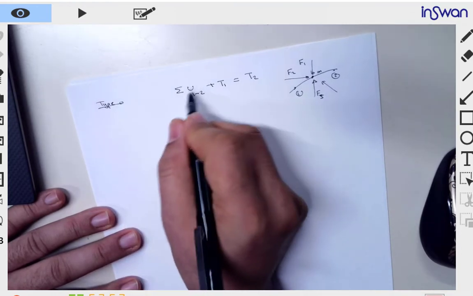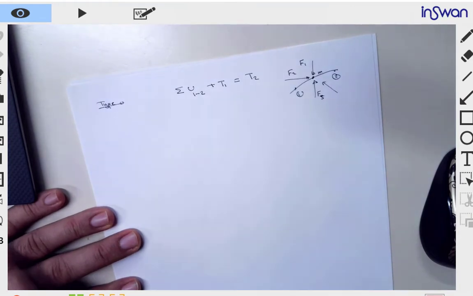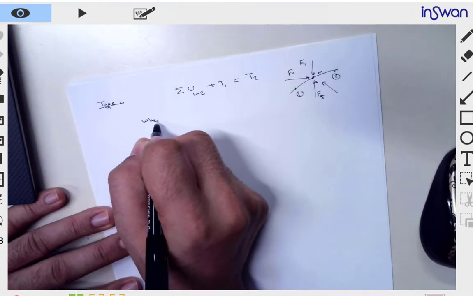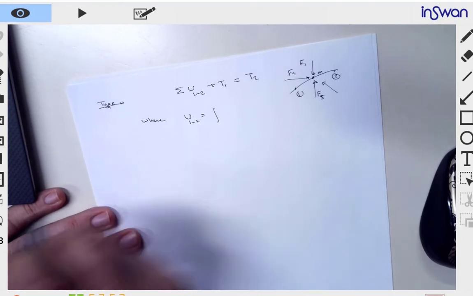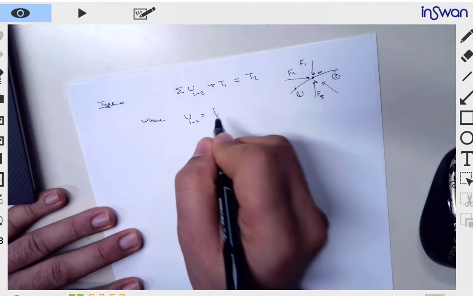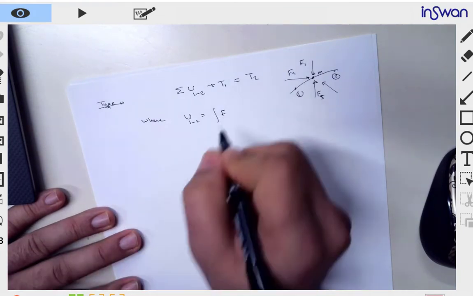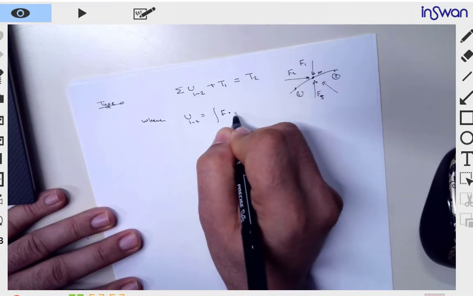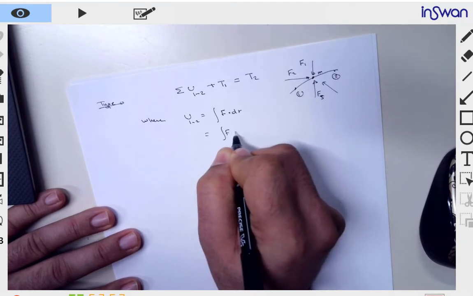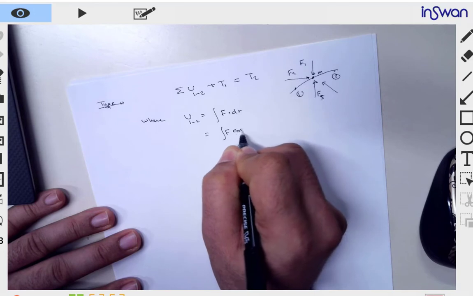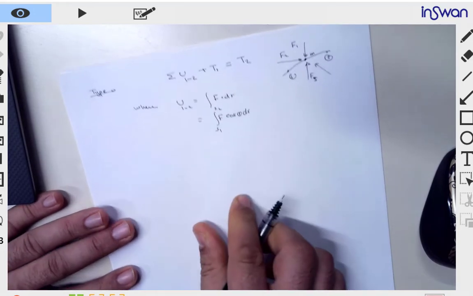So these are the forces, or the work of these forces, where U from 1 to 2, in simple form, for each one of them, for a particular force, we said it's equal to the force dot dr, or you can write it as the integral of F cosine theta ds from S1 to S2.